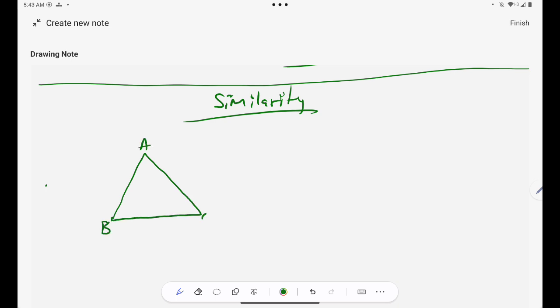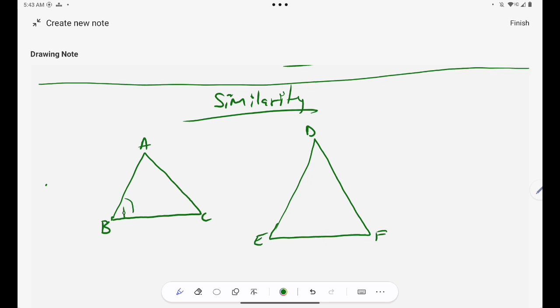A, B, C, D, E, F. Okay, if you know that this guy here is beta, this one is also beta, this one is theta, alpha, alpha.